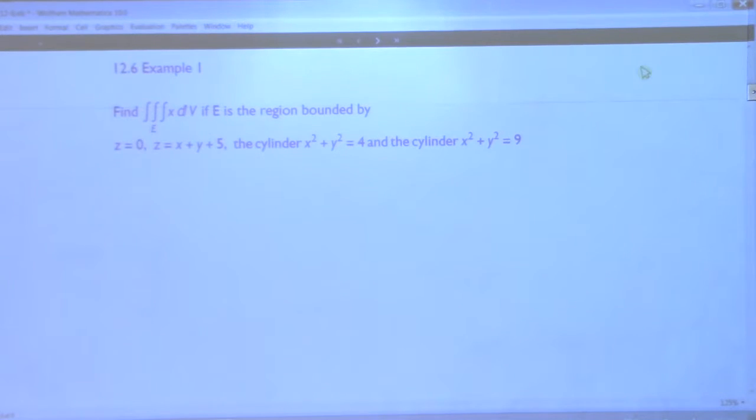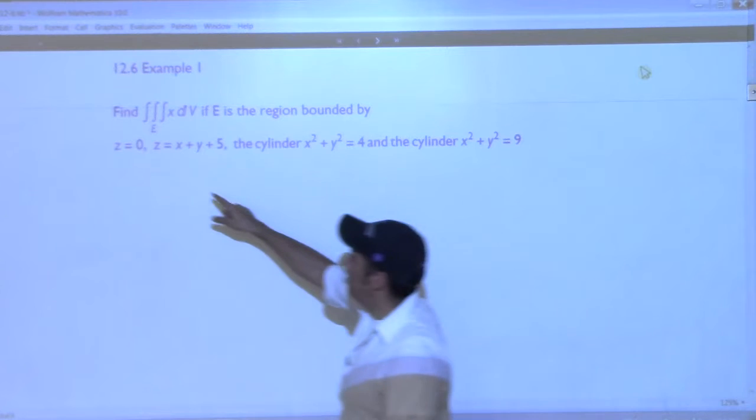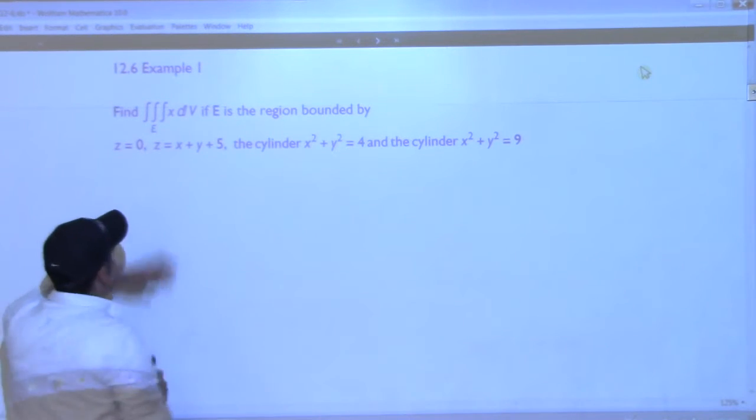So let's do a problem. We want to find the triple integral over E. We're integrating the function x. Pretty boring function, right? Just x, with respect to volume, if E is the region bounded by all that stuff. So z equals 0 is the ground, right? That's the xy plane. What is this?